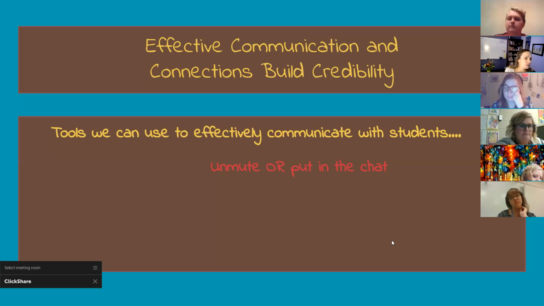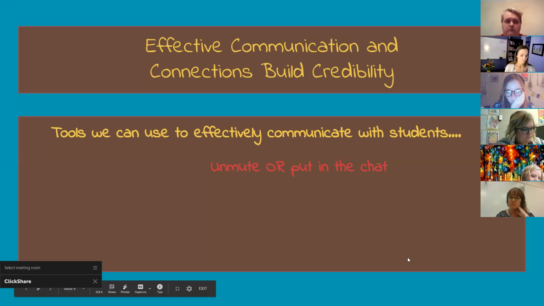In the world we live in now, obviously there's so many different ways to communicate, but still the old-fashioned way of making a phone call is a really personal way to connect with a lot of families. Not that there's anything wrong with emails or texting, but this way people can hear your voice. It's going the extra mile to make that personal connection.